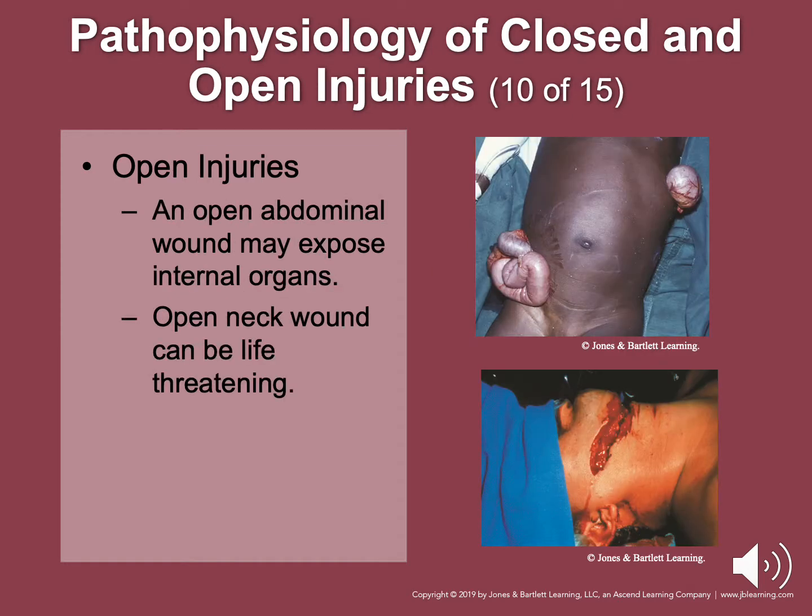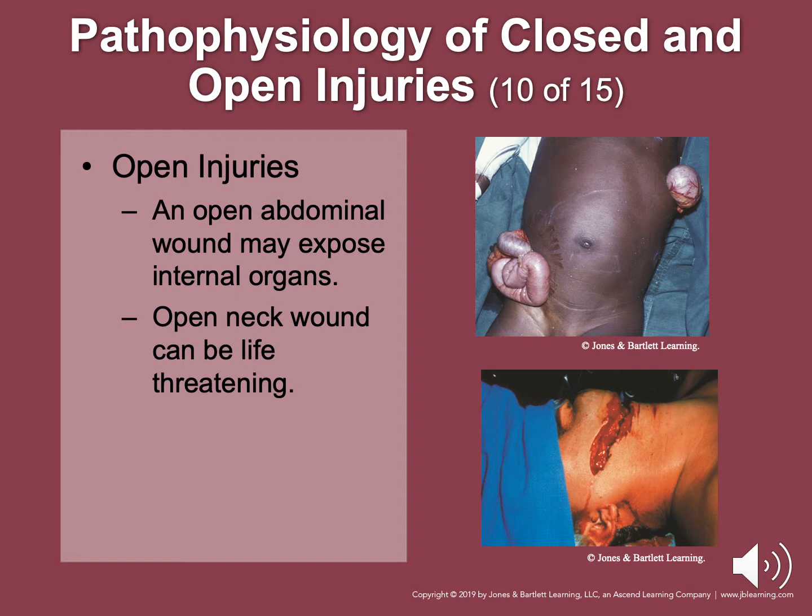An open abdominal wound may expose internal organs. An open neck wound is really potentially life-threatening. Pretty good evisceration. And that looks like an impaled object down there at the bottom.